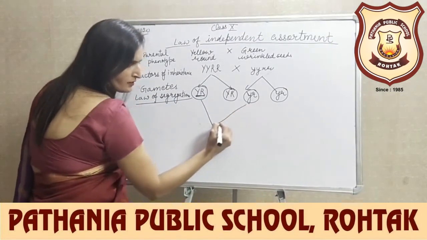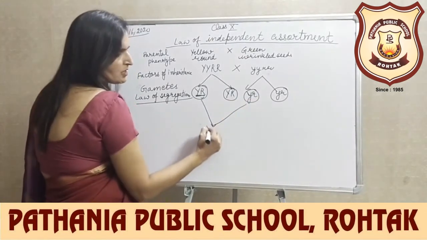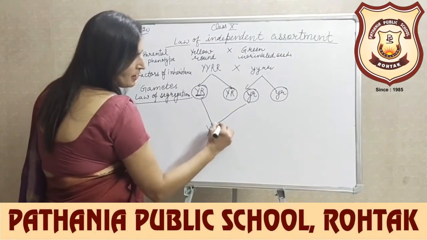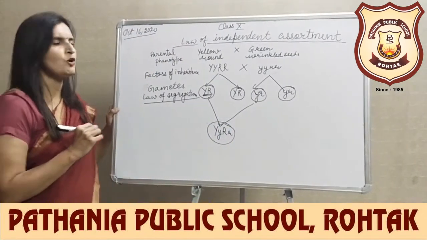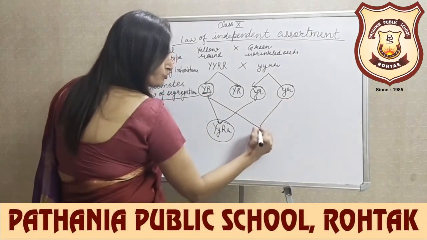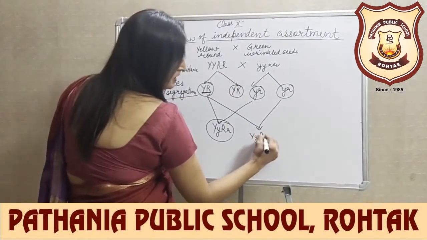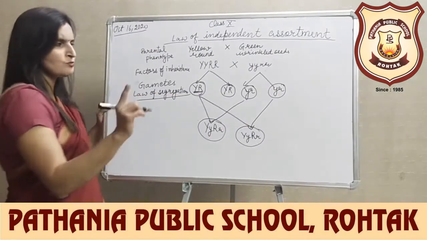During crossing, if this gamete fuses with this, the genotype would be capital Y, capital R, small r. If this gamete fuses with this, again it will be capital Y, capital R, small r.